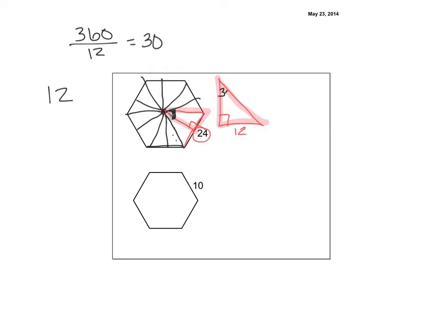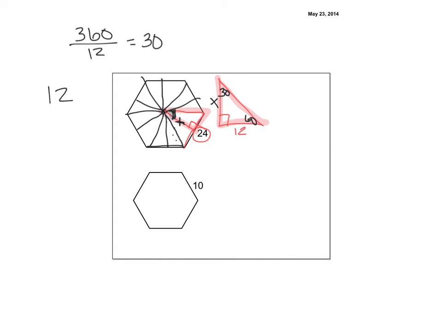Now, what you might hopefully recognize is that this is now a 30, 60, 90 triangle. So what we're going to be looking to solve here is the apothem. All right, so I'm going to call this X. So we're looking for the long leg. We have the short leg. We have the 12 that's directly across from that 30. We need the long leg directly across from the 60.